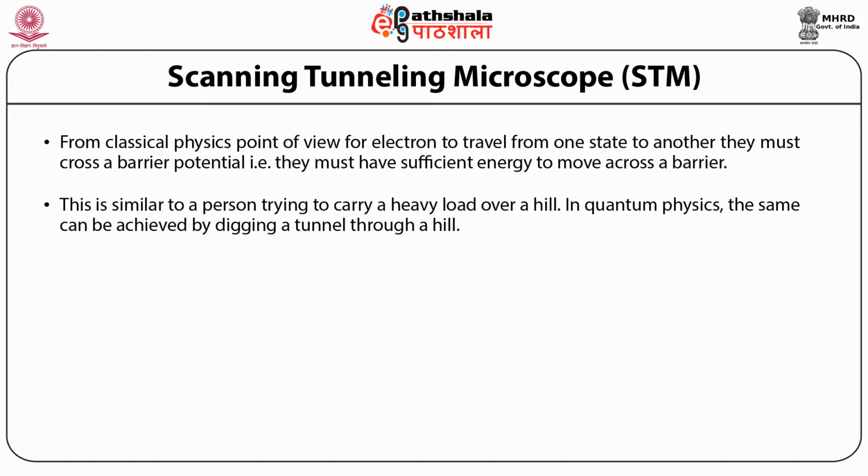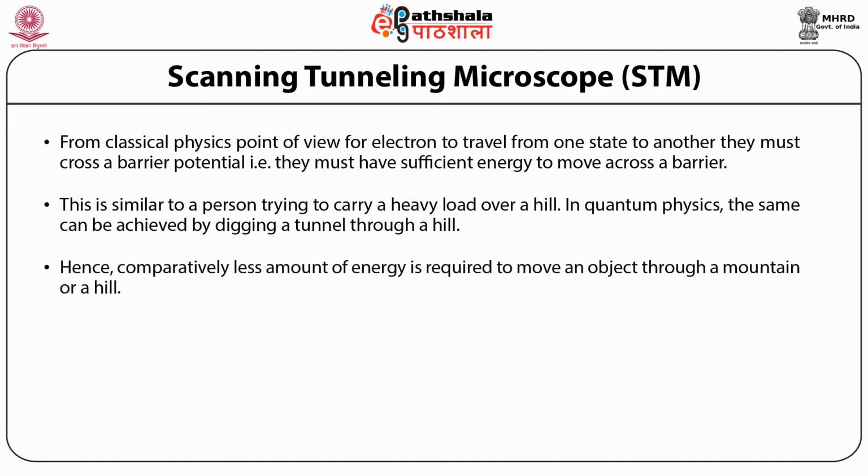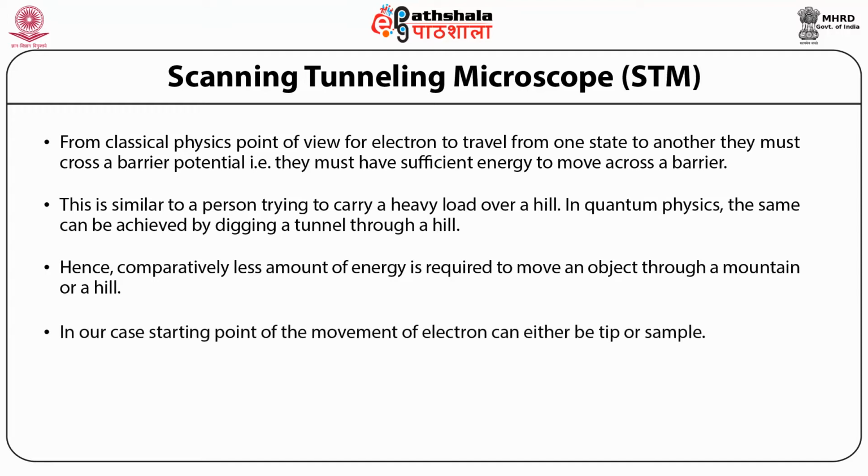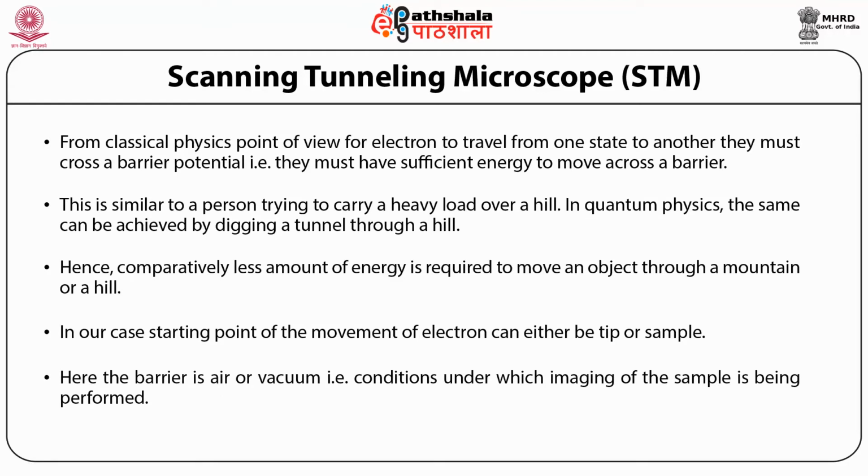In quantum physics, the same can be achieved by digging a tunnel through the hill. Hence, comparatively less energy is required to move an object through a mountain or a hill. In our case, the starting point of the movement of the electron can be either the tip or the sample. Here, the barrier is air or vacuum, that is, the conditions under which imaging of the sample is being performed.